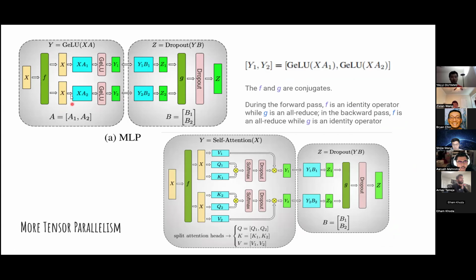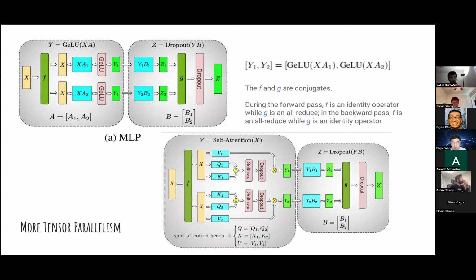This is a more in-depth example. Looking at this multi-layer perceptron block, you can see that A currently stands for the model weights, X stands for the input, and Y is the intermediate output for dropout. Naturally, a multi-layer perceptron block will have Y equals GeLU(XA).